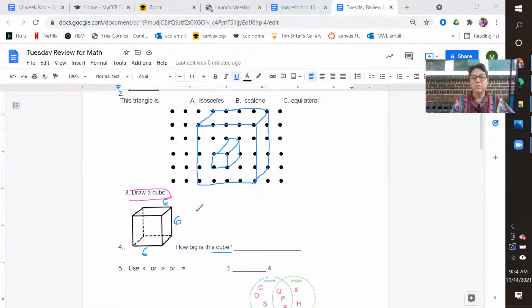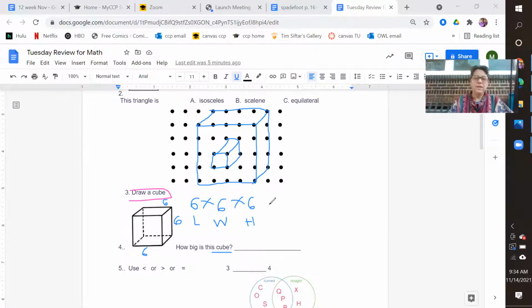How do we solve this? We have to say 6 times 6 times 6. It's length times width times height. But if it's a cube, they're always going to be the same.